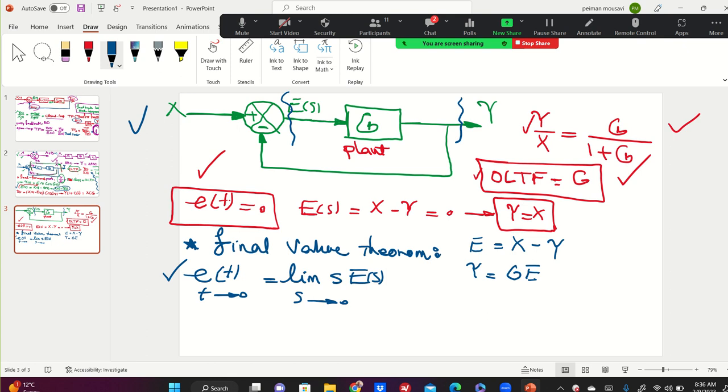If I replace the Y here, you get E equals X minus GE.